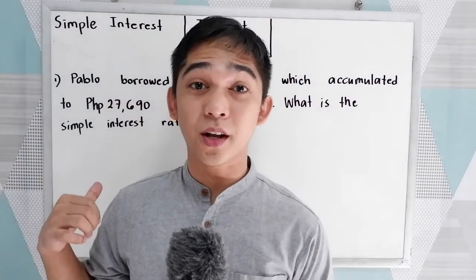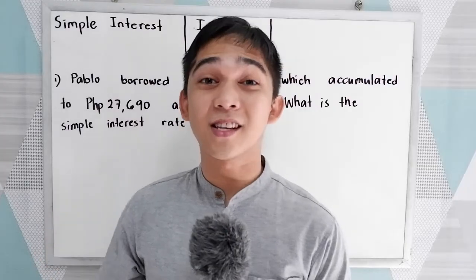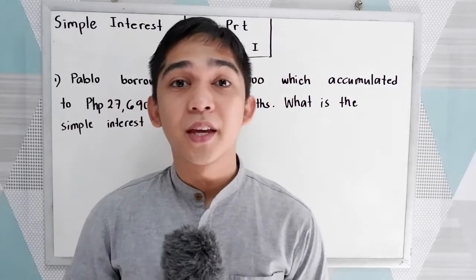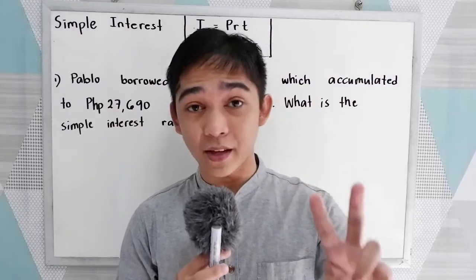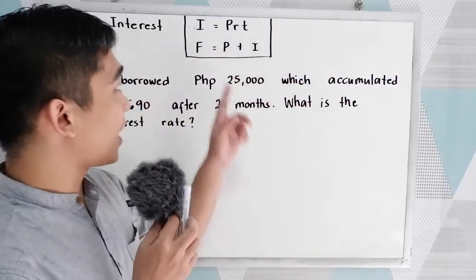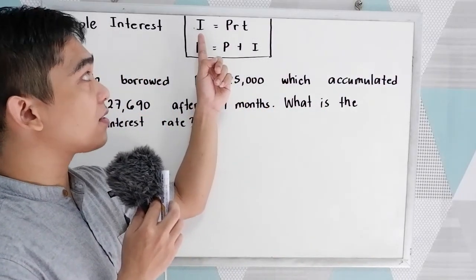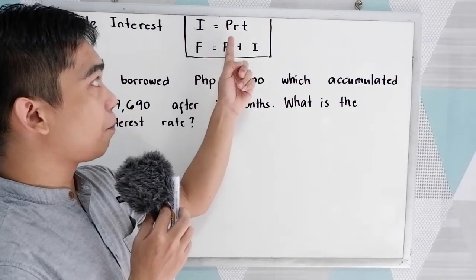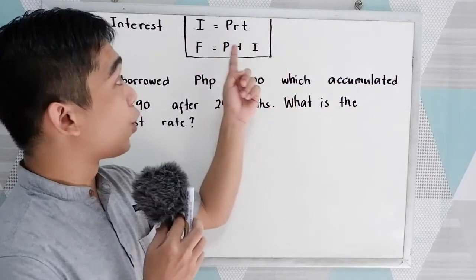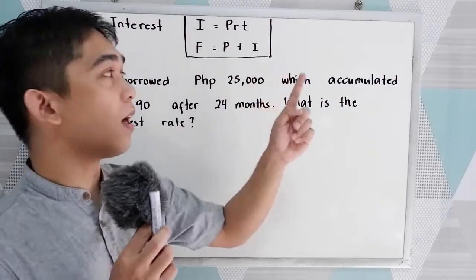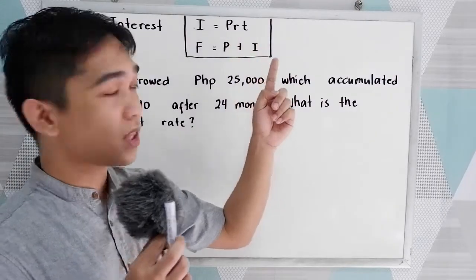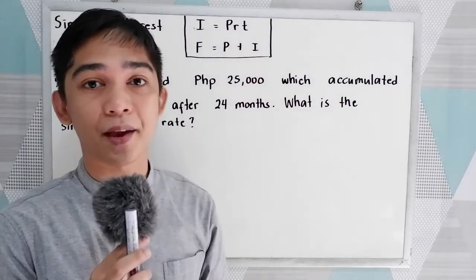And for today's tutorial video, we will be discussing the simple interest. In the simple interest, we have two basic formulas. For the interest, or the simple interest, that is equal to PRT, where P stands for the principal, R stands for the rate, and T stands for the time.